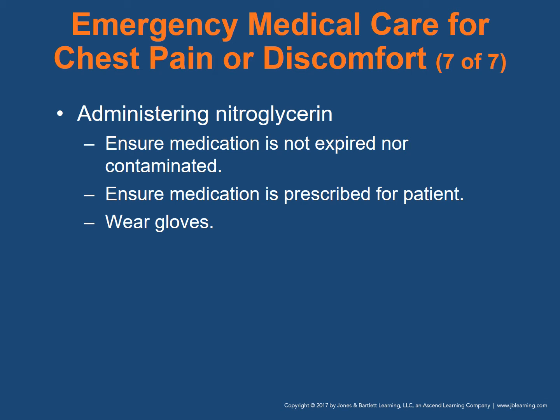You've done your initial vital signs, you've completed your first assessment, all of that. Wear gloves. Nitro is easily absorbed through the skin, and if you put it into your hand without gloves on, you will actually begin to absorb some of the nitro. And obviously, if you don't have issues with your cardiac function, it's not going to be a good thing.